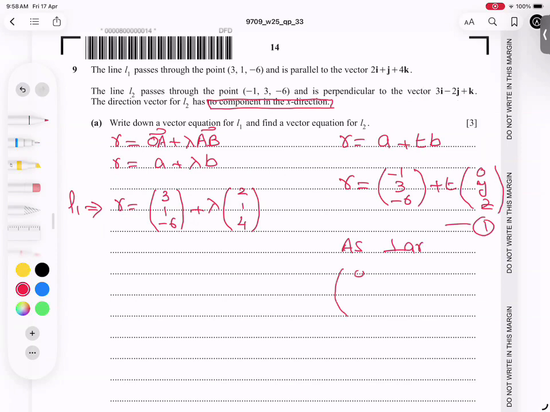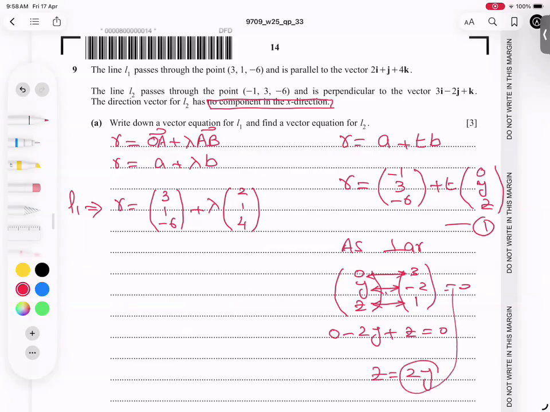So I'm writing (0, y, z) dot (3, -2, 1) is equal to 0. Corresponding position values will multiply. I got 0, -2y plus z is equal to 0. If I find the z value or the x value, I think z is better to find. The z value is positive 2y.